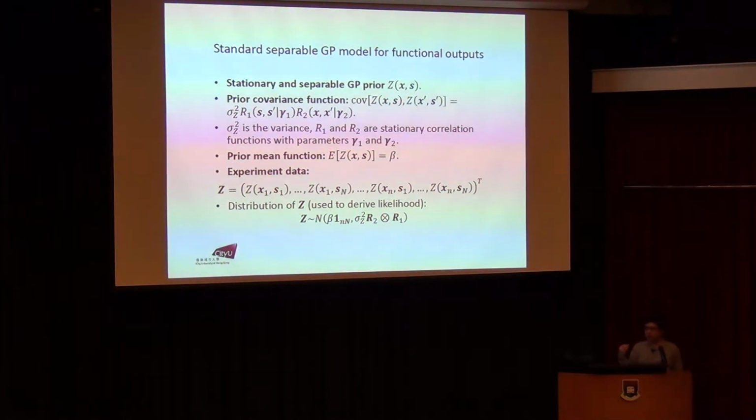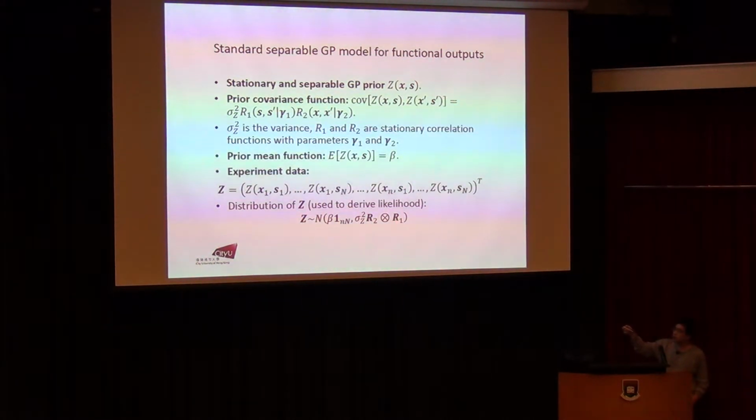The standard model for functional outputs like PDE solutions is based on the assumption of covariance stationarity and separability. We assume a covariance function that is separable with respect to s, which is the space-time coordinate or just the spatial coordinate, and x, the simulator input, so it is a product function. Because of this, the experiment data is a normal distribution with this covariance matrix: sigma z squared, the variance, multiplied by the Kronecker product of two correlation matrices.